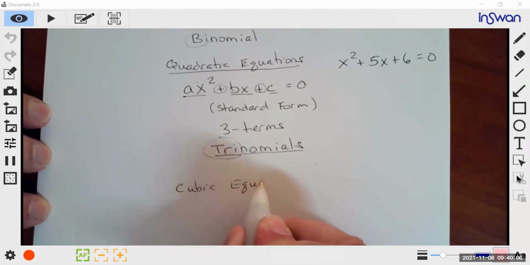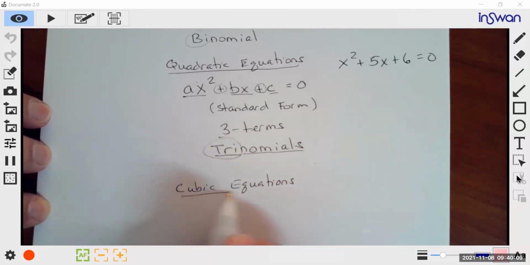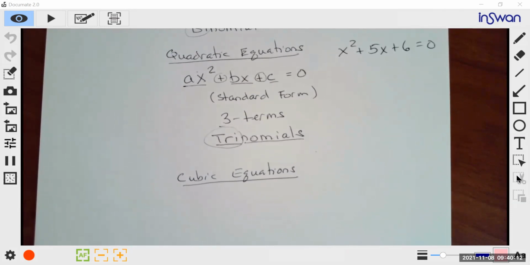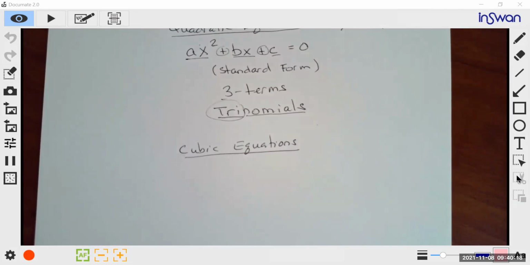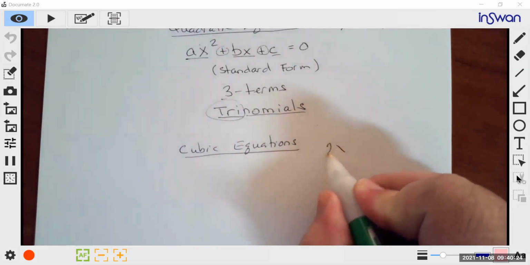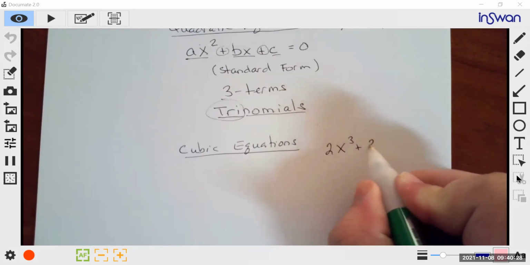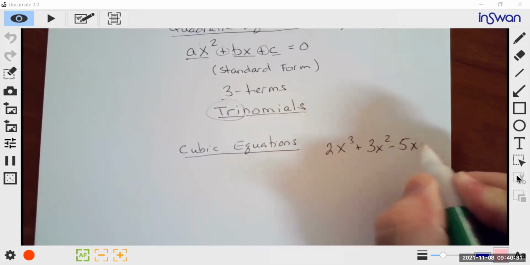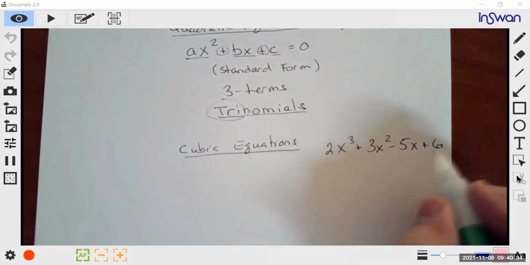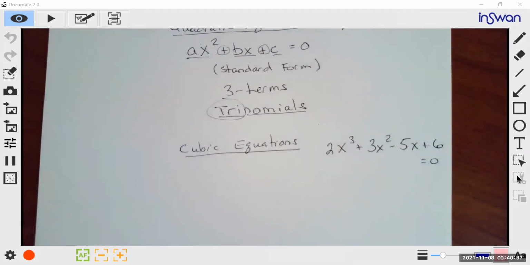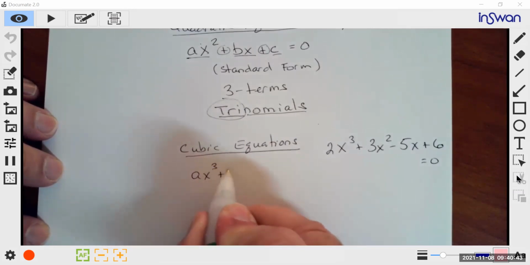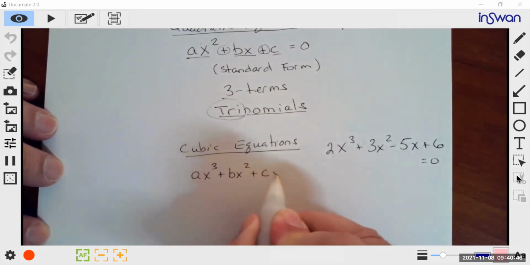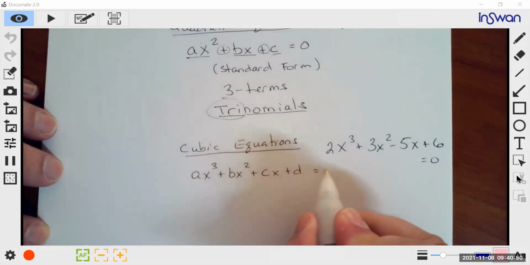Cubic equations. 2x cubed, 3x squared, 5x plus x equals 0. ax cubed, bx squared, cx plus d equals 0.